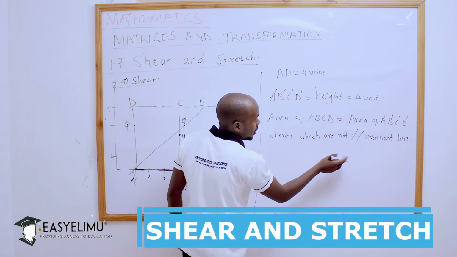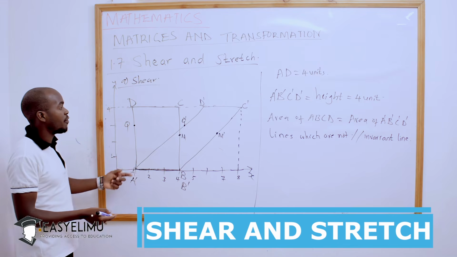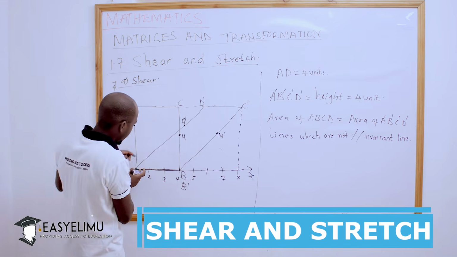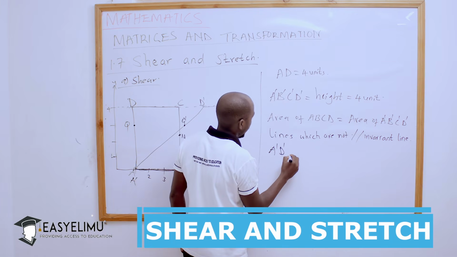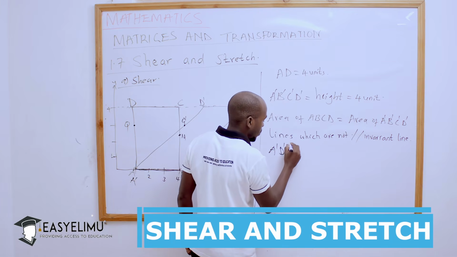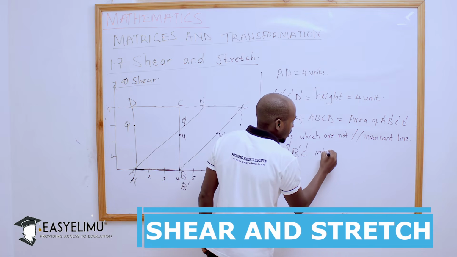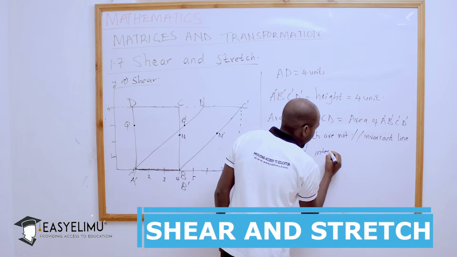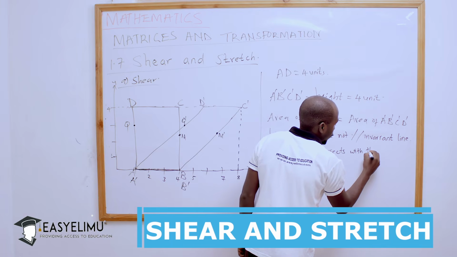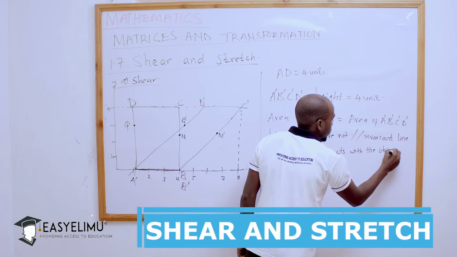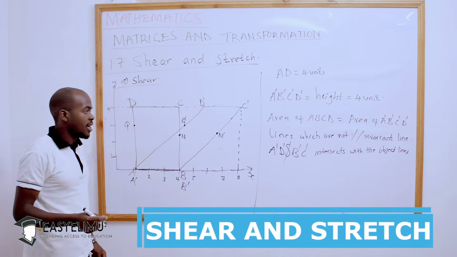The image lines A prime D prime and B prime C prime intersect with the object lines, as we can witness here.